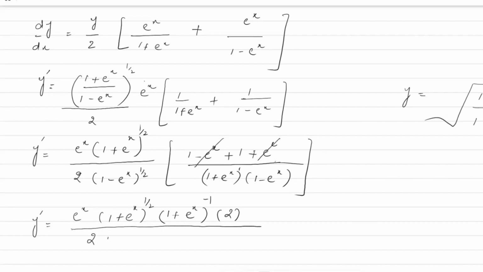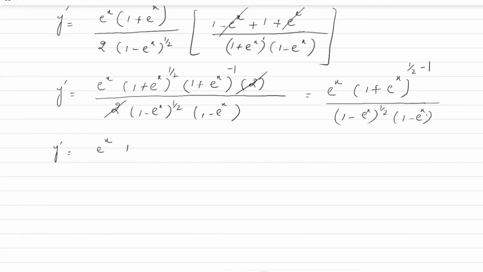Divided by 2, 1 minus e raised to the power x, 1 upon 2, and 1 minus e raised to the power x. 2 is cancelled with this 2, and here e raised to the power x, 1 plus e raised to the power x, 1 upon 2 minus 1. These bases are the same, so powers are going to be added.